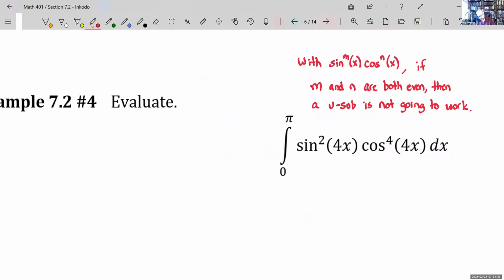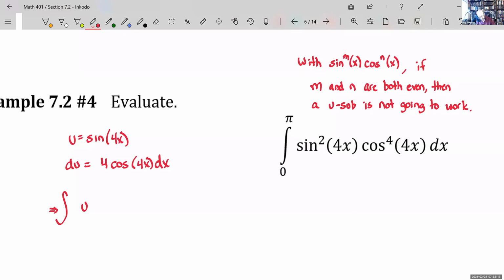Simply put, the reason why u substitution is not going to work if both powers are even is, remember, when you do a u substitution, you're stealing away powers. Let's just say we did u is equal to sine of 4x. Then du would steal away 4 cosine of 4x dx. And if you did that, the integral would become, well, we'd have a u squared, fine.